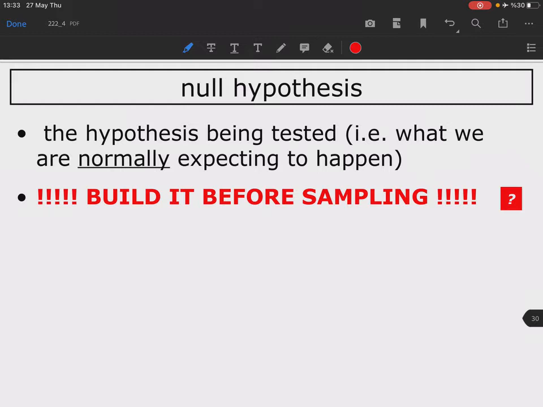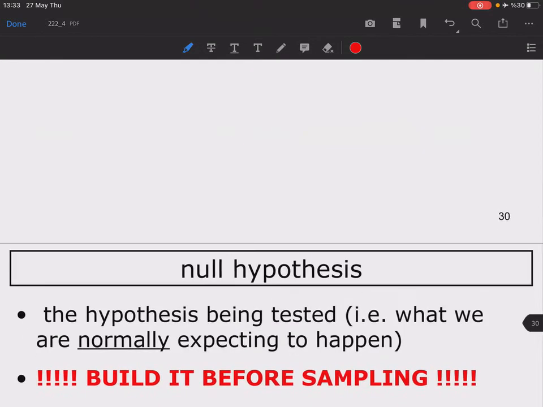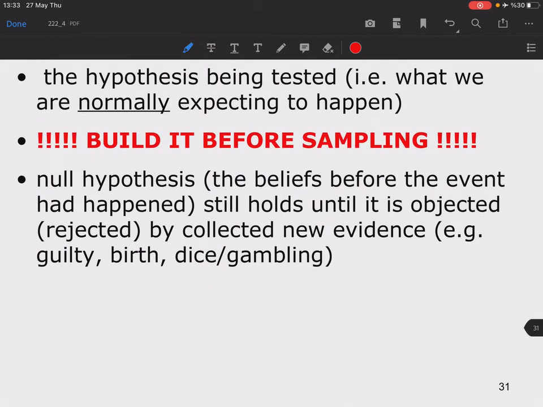Otherwise, it's like cheating. Don't do it. You need to have your null hypothesis before sampling. So the null hypothesis covers the beliefs before the event had happened. It still holds until it is rejected by the collected new evidence.